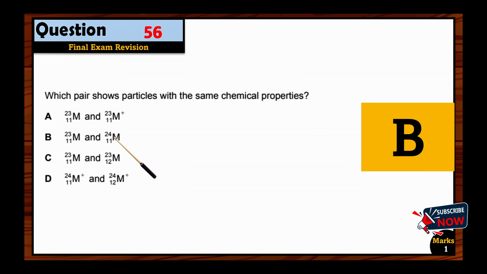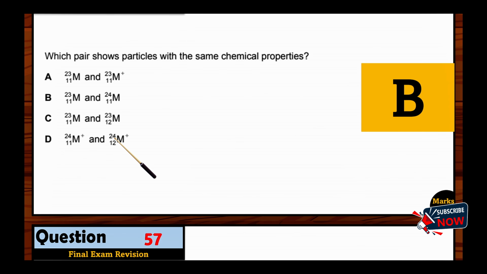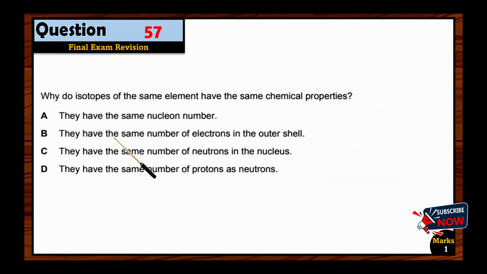Let's see now question number 57. Why do isotopes of the same element have the same chemical properties? Chemical properties always depend on the electrons, because I already told you that electrons are the ones deciding the chemical properties, not the physical ones. Why chemical properties?